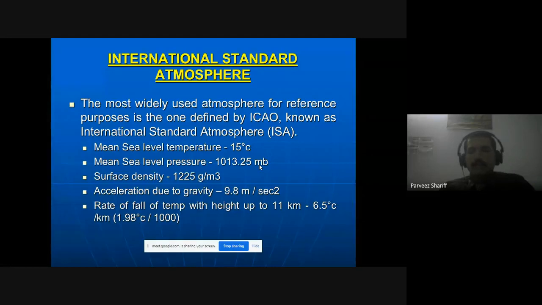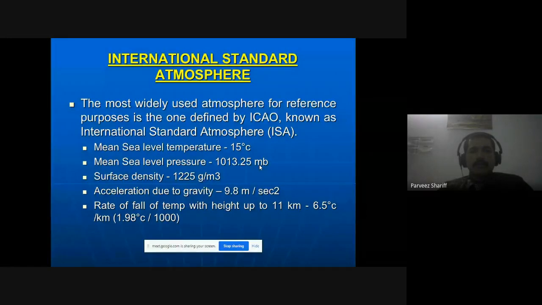Acceleration due to gravity is 9.8 meters per second square, and the rate of fall of temperature, which we already saw, is 6.5 degrees, or 1.98 degrees per 1,000 feet. Hope you have noted these points, because this will come in your B and C certificate examination.